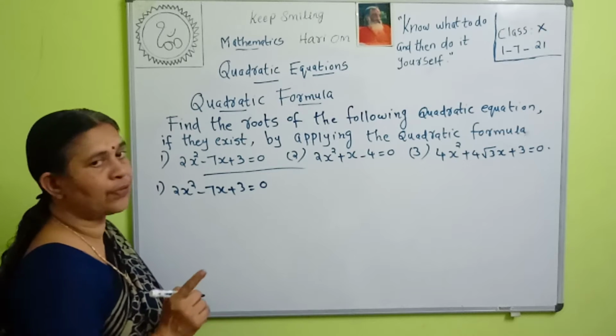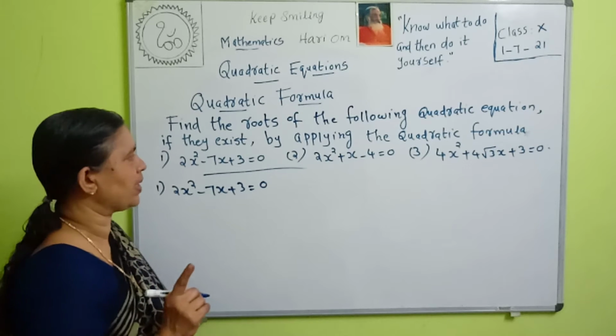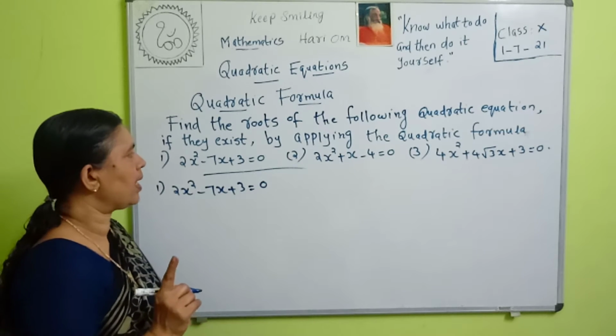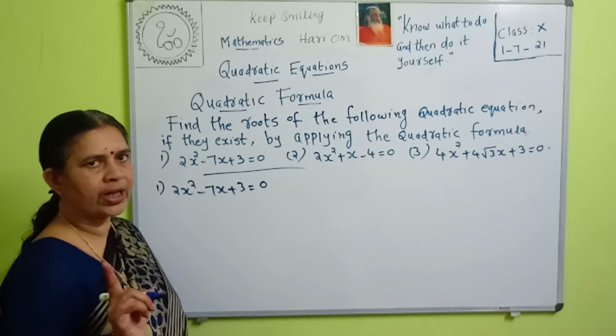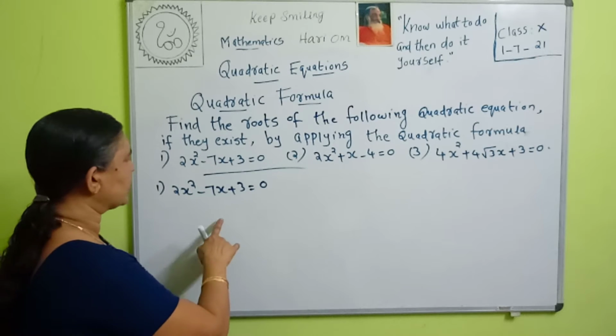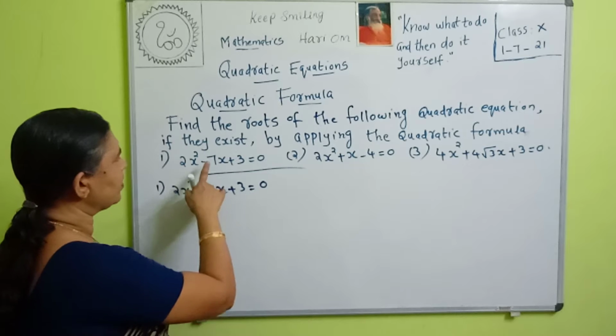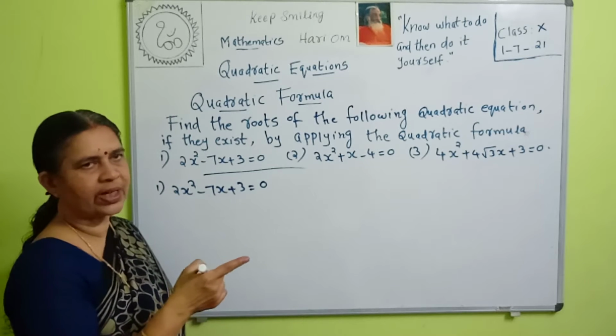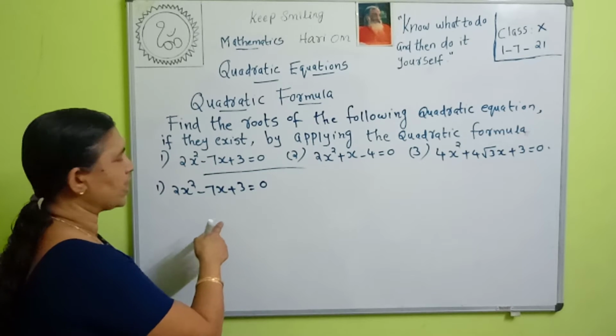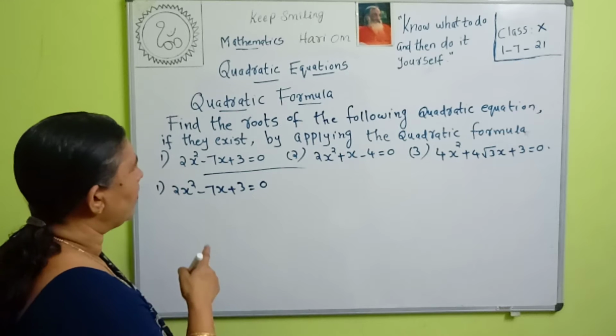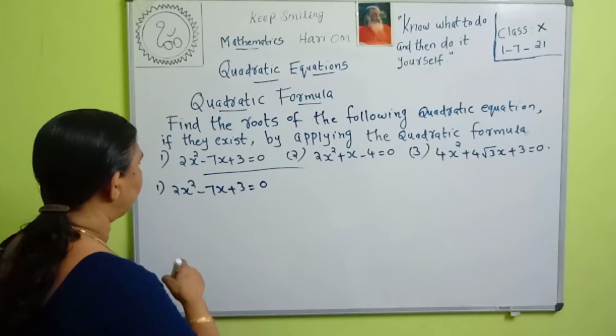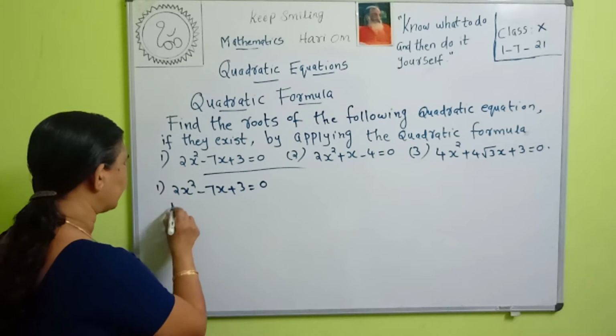That means first you find b square minus 4ac. If b square minus 4ac is less than 0, then there is no real root. So first find b square minus 4ac and check whether the equation has real roots.